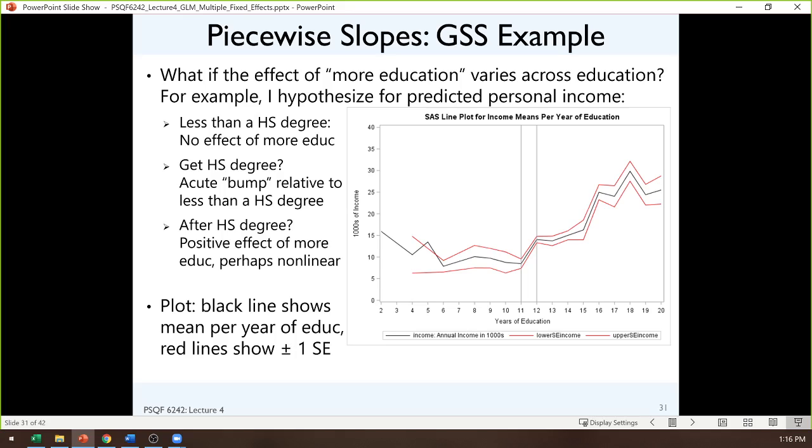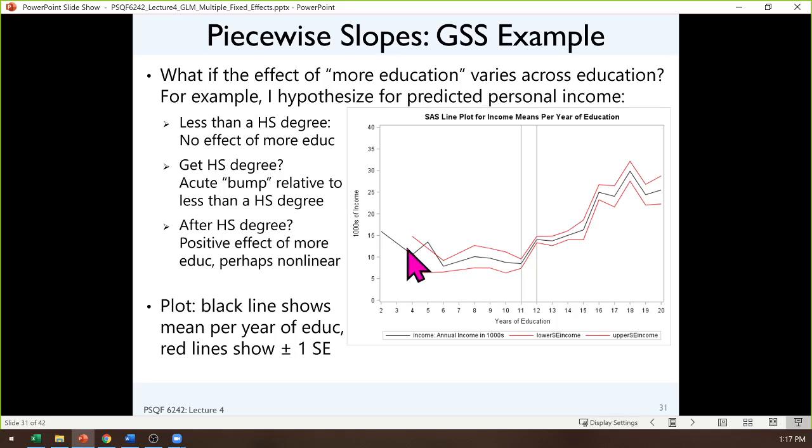It looks like 16-ish corresponds to a bachelor's degree. And then there's some fuzziness out here as to how many years would hit the next degree, but it sort of looks like master's would be 18, and then after that you're in 20th grade with, whatever happens after that point.